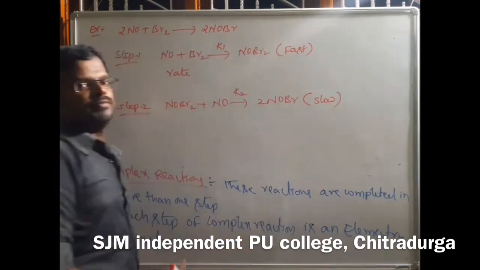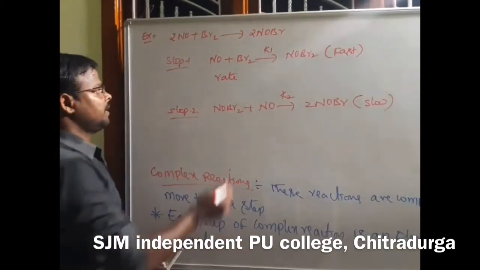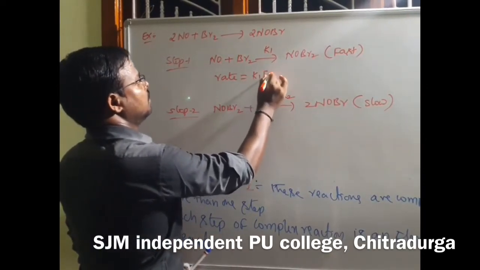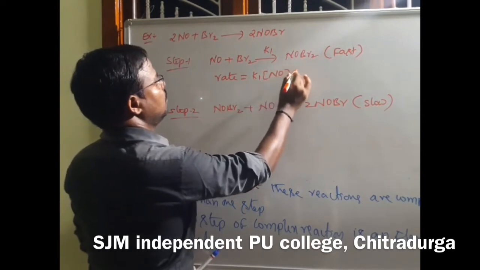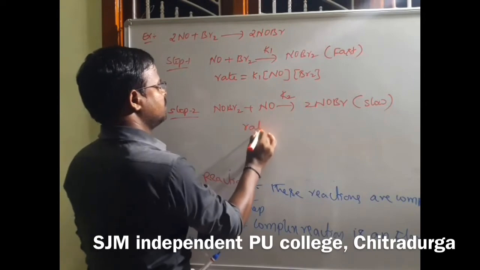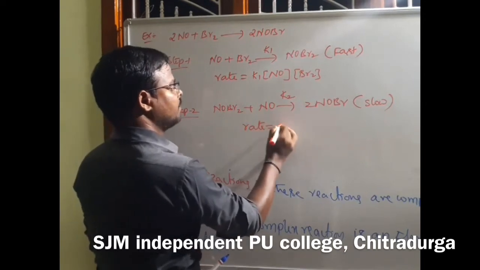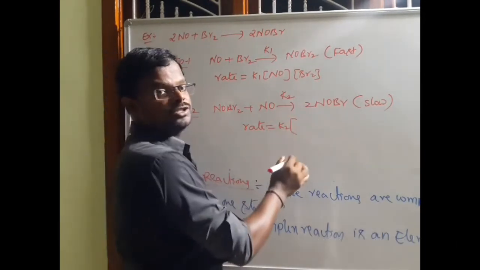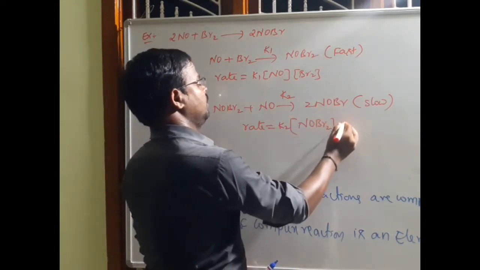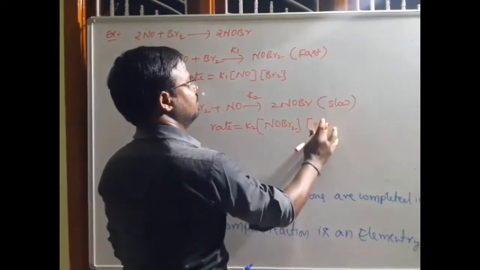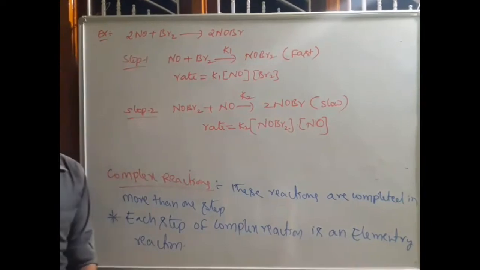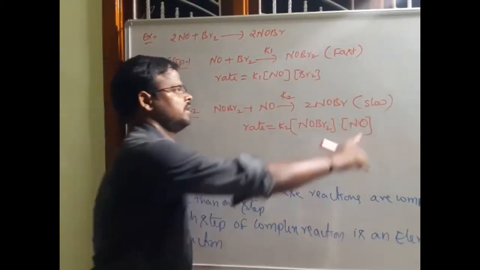We know this only by the mechanism. Rate equals K1 into concentration of NO into concentration of Br2. For step 2, rate equals K2 into concentration of NOBr2 into concentration of NO. It is the slowest step.